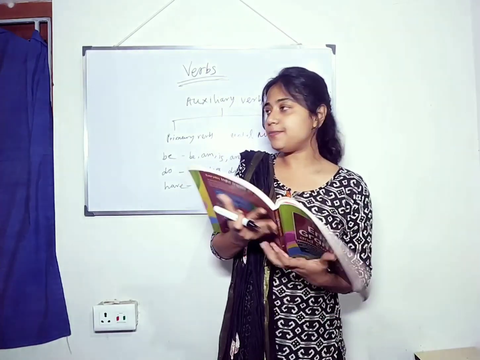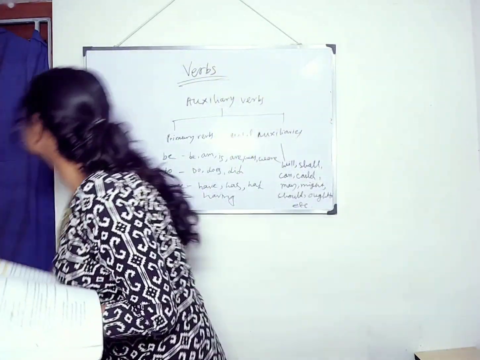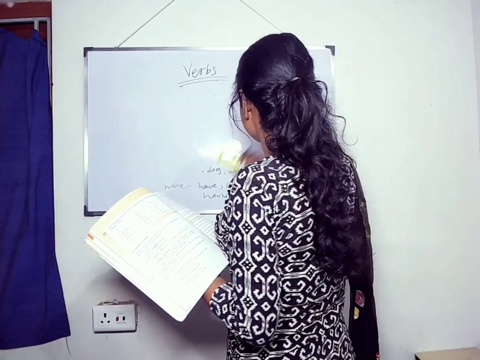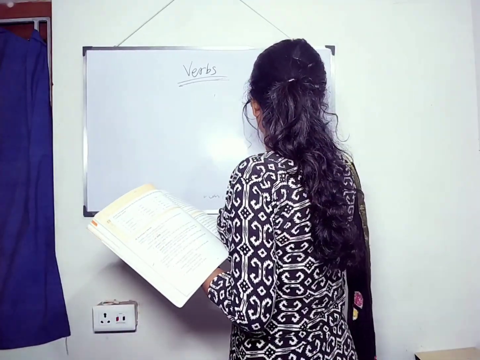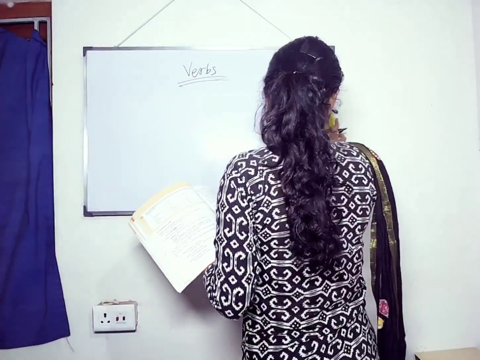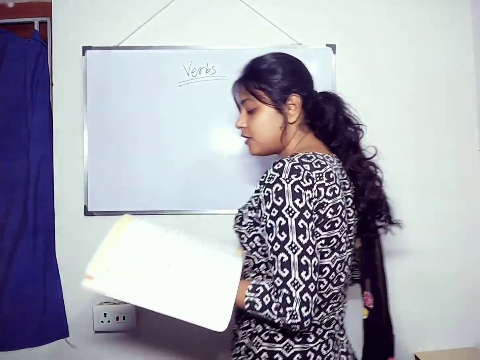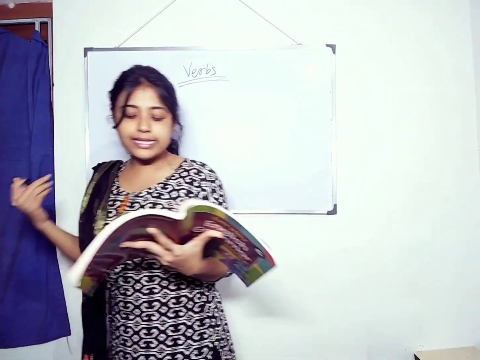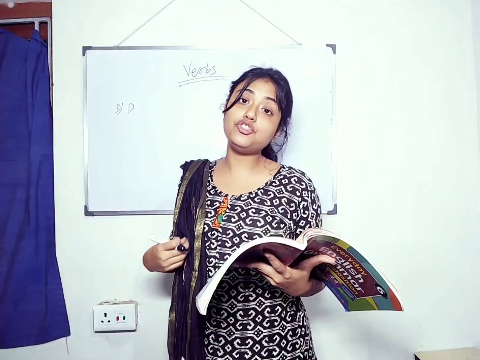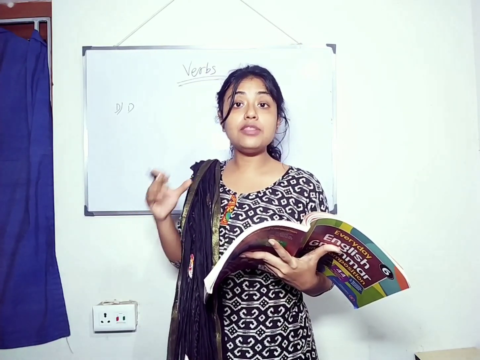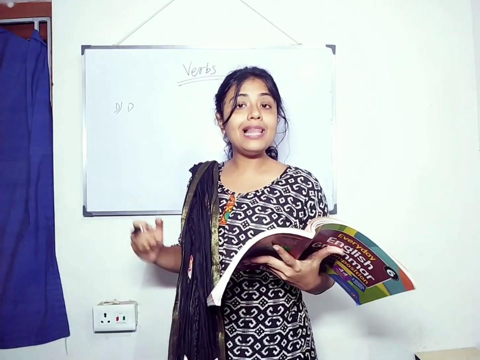Okay, so let us begin. First, D. Rinku is going to meet the president tomorrow. Is going. So we will replace it with will. So Rinku will meet the president.